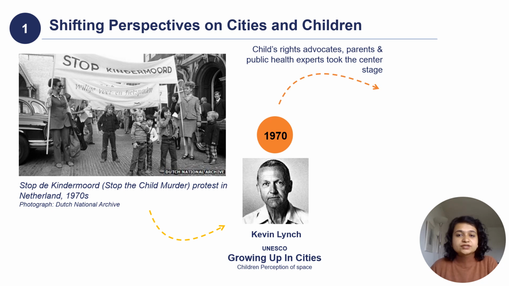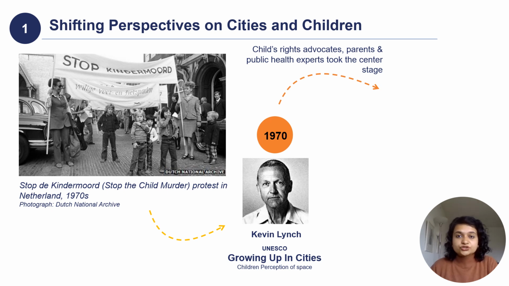The Dutch started this movement called Stop the Child Murder Protest in the 1970s, demanding city authorities to bring reforms for reducing traffic-related fatalities, especially for children and young adults.